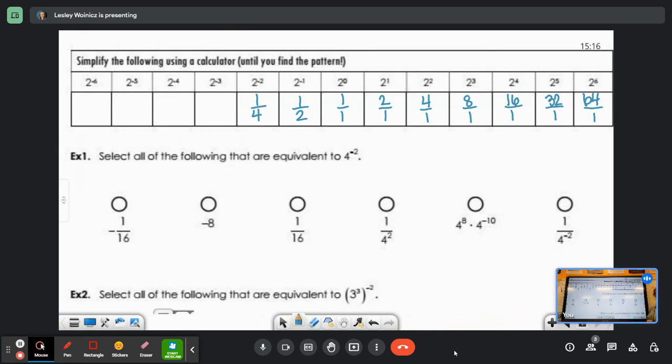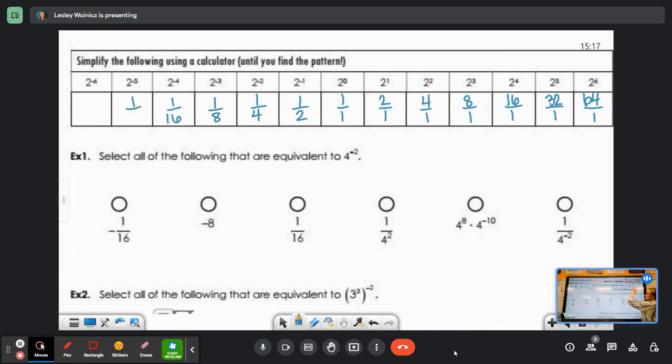Yes? It's like just swapping. You mean it's the reciprocal with a positive exponent? Oh my goodness, guys. It's the negative power rule. It's so nice.